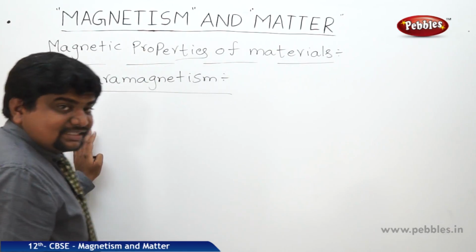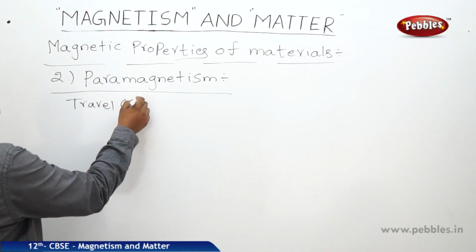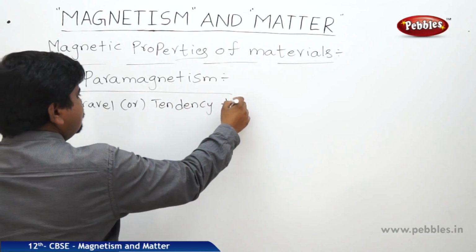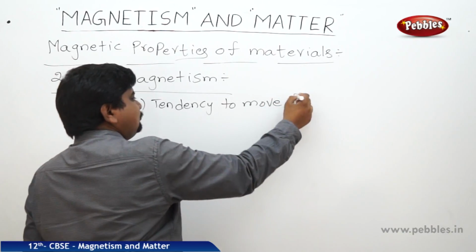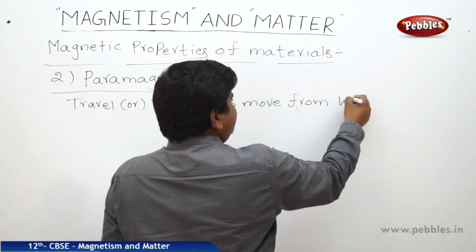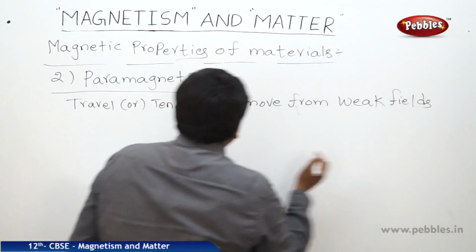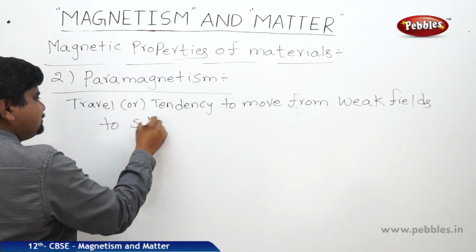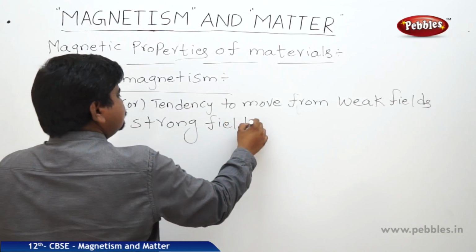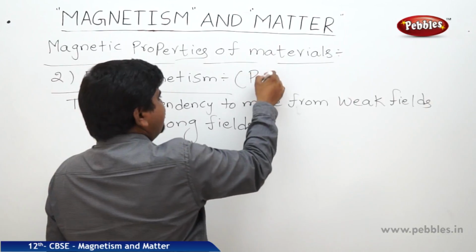But paramagnetic substances have the tendency to move from weak fields to strong fields. This is the paramagnetic behavior. So this is paramagnetic material.